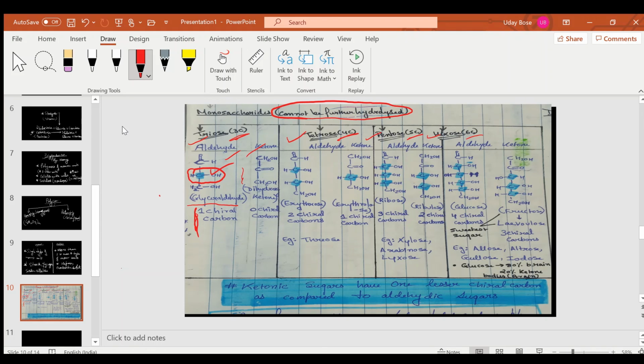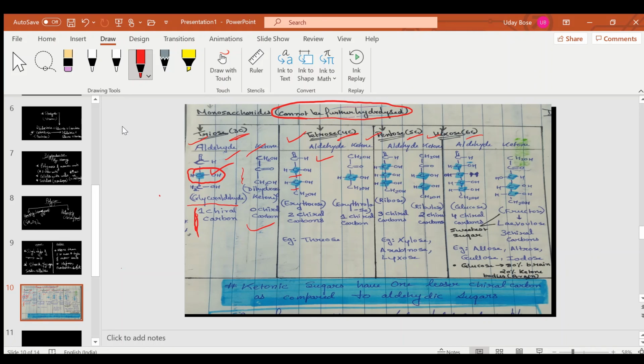Now in case of ketose, there is no chiral carbon, 0 chiral carbons. If I come to tetrose, then in case of aldehyde, there are 4 carbons, as the name suggests, and there are 2 chiral carbons, the second and the third.